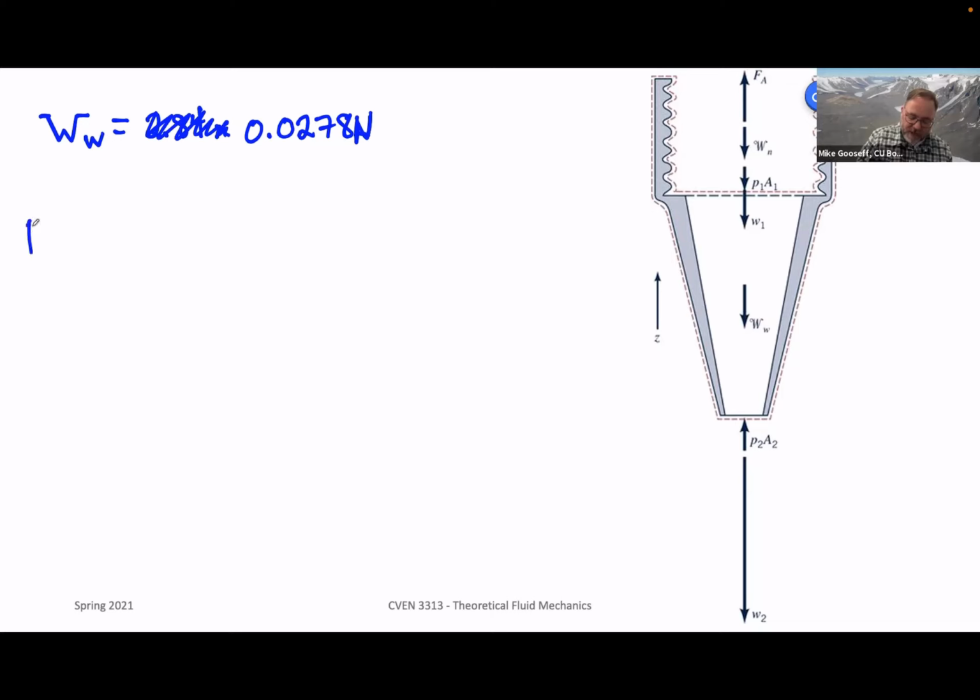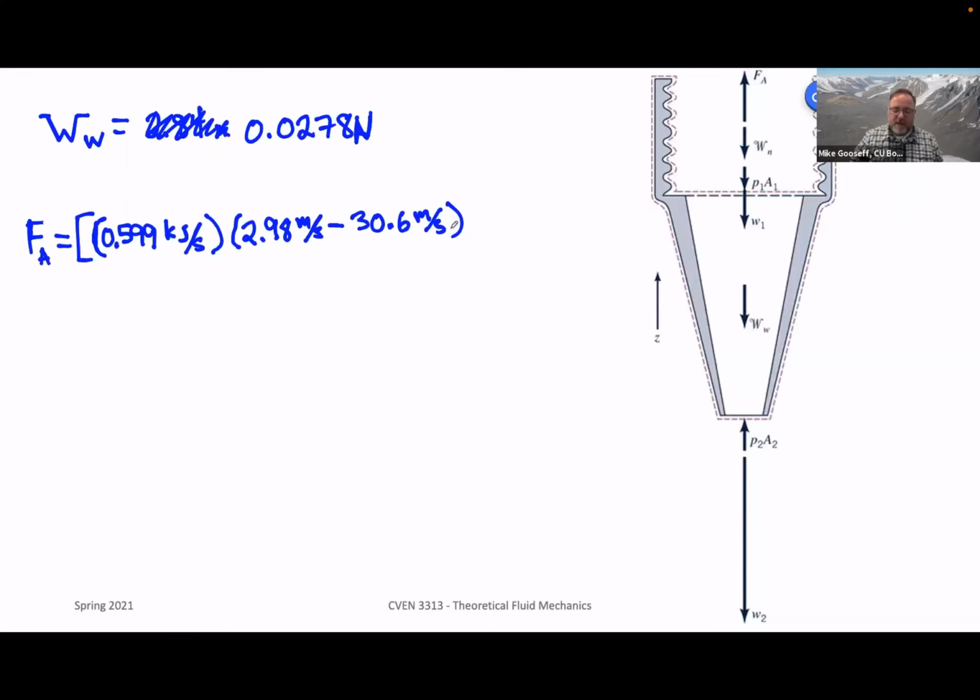So F_A is equal to 0.599 kilograms per second times 2.98 meters per second minus 30.6 meters per second. So what you can see is that the momentum balance is going to make that a negative, right, overall.